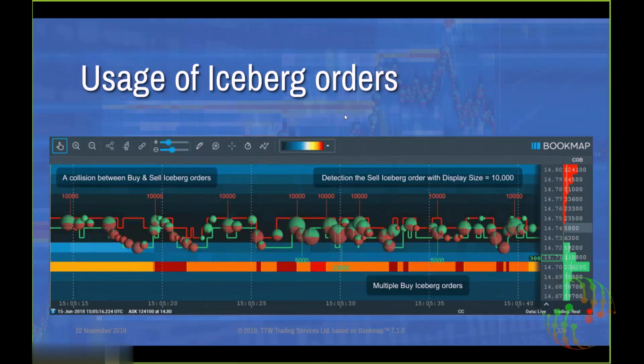The usage of iceberg orders is as described here: the indication of iceberg orders shows you that something is happening here. That means the market is likely to drop when they are hitting constantly the bids.